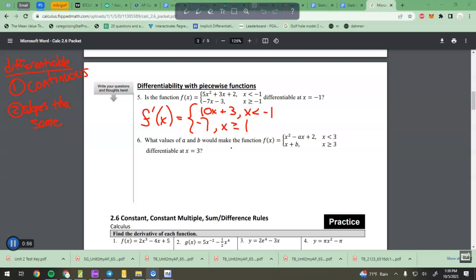So I'm looking at the derivative piecewise, so I'm checking to see if the slopes are the same at our connecting point there, -1. So if I plug -1 into the top, what do I get? I get -7. If I plug anything in the world into the bottom, I get -7. So that is the slope of this piece, the slope of this piece, they match. So it is differentiable because the slopes are the same for both sides.